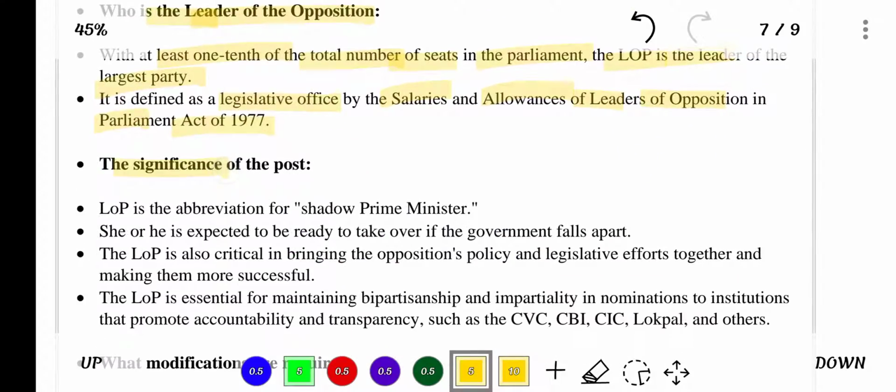The significance of the post: Leader of Opposition is the abbreviation for Shadow Prime Minister. She or he is expected to be ready to take over if the government falls apart. The leader of opposition is also critical in bringing the opposition's policy and legislative efforts together and making them more successful.